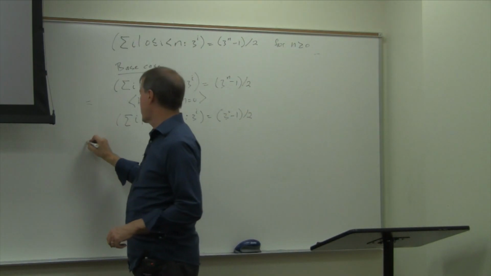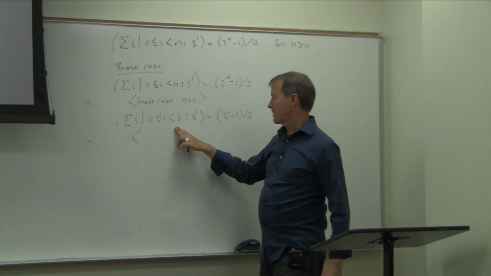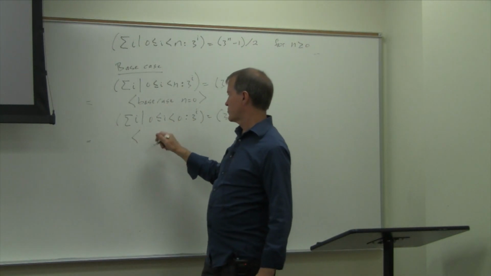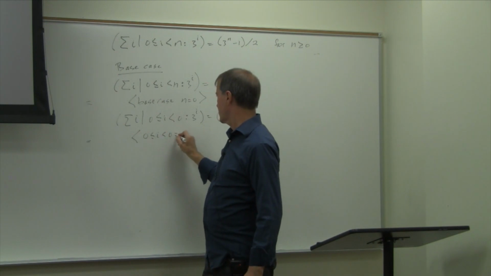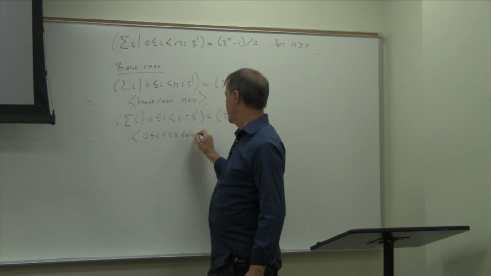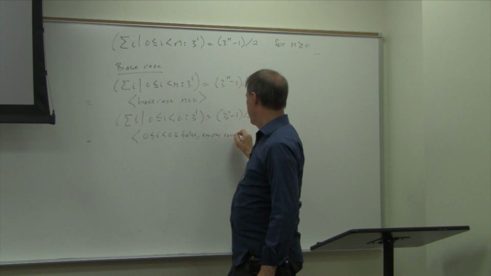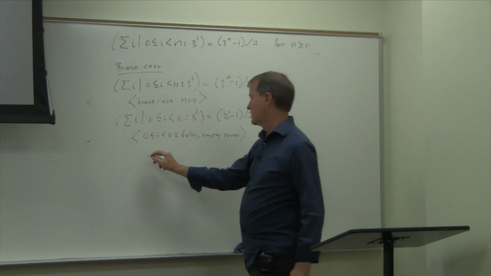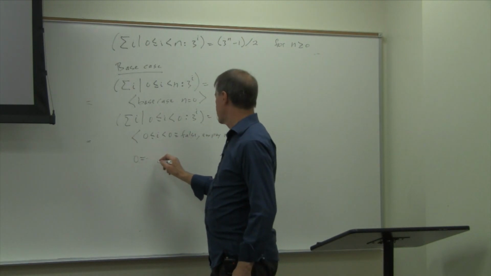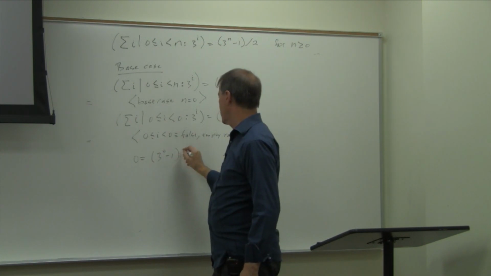And this equals, by the, now let's do 2 steps in one. 0 less than or equal to i less than 0 is false, an empty range. So this will be 0 equals 3 to the 0 minus 1 over 2.